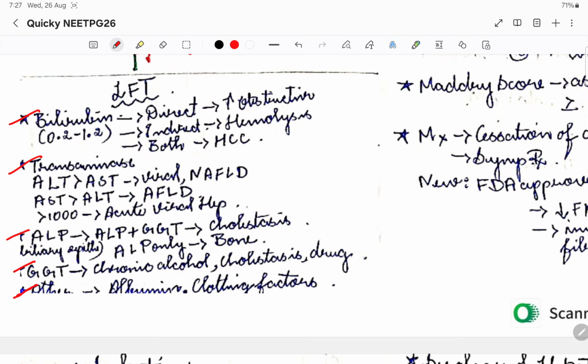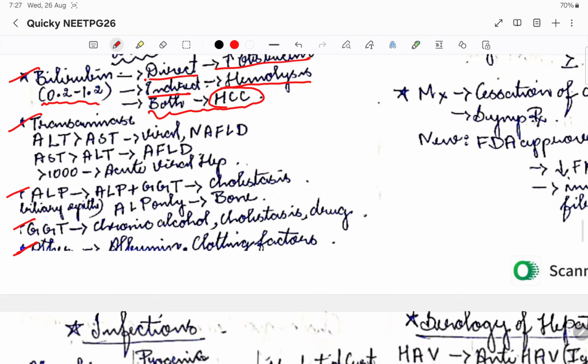Bilirubin normal level will be 0.2 to 1.2. There are two kinds of bilirubin, direct and indirect. Direct means conjugated bilirubin, whereas indirect means unconjugated bilirubin. Direct will be raised in obstructive jaundice, whereas if it is hemolysis, it is going to be indirect jaundice. If both are raised, it is going to be hepatocellular carcinoma. So please remember this.